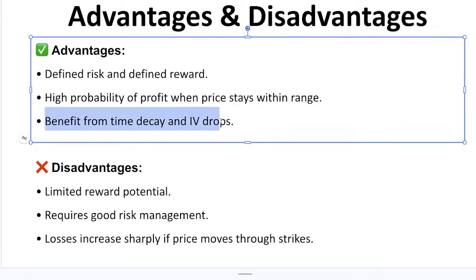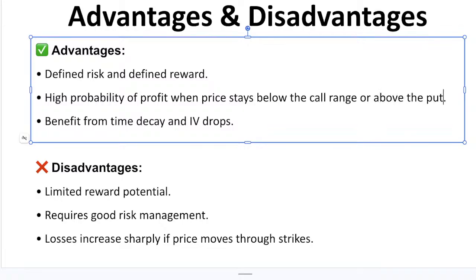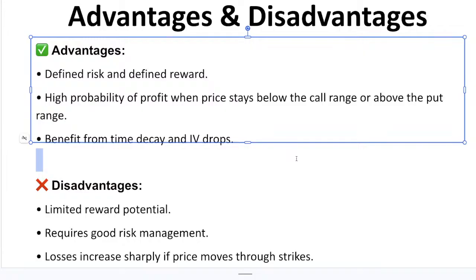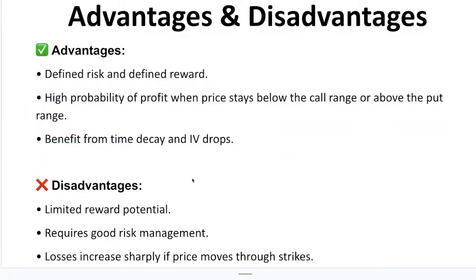So you benefit from time decay and IV drop. So I want to adjust here: high probability of profit when the price stays below the call range or above the put range. That's more correct. Yeah.